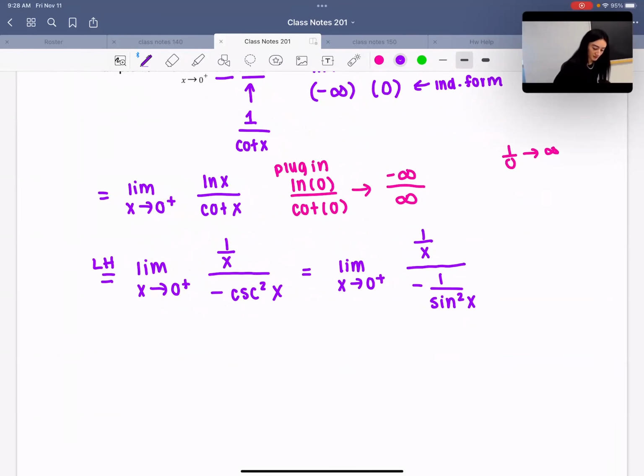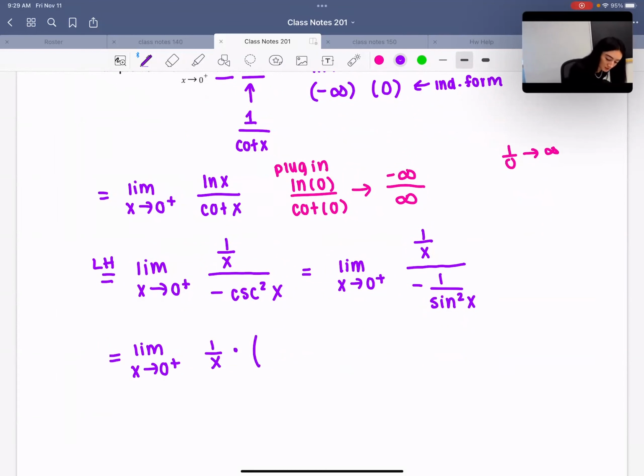All right, let's keep going. I have a fraction over another fraction, which means maybe I can do the keep, change, flip thing, right? So this is the same as the limit as x goes to 0 from the right. I'm going to keep the top the same, change the division into multiplication, and then flip the other one.